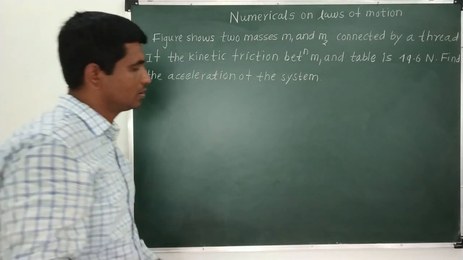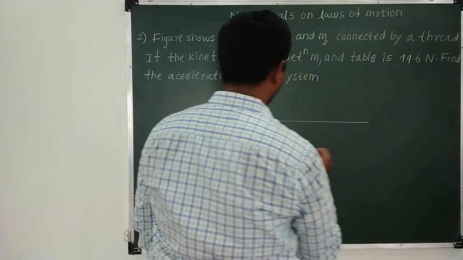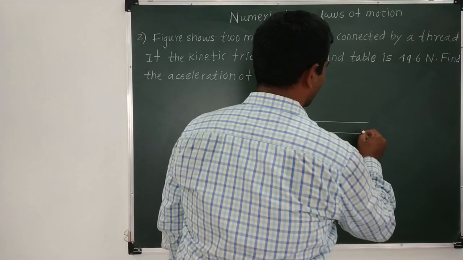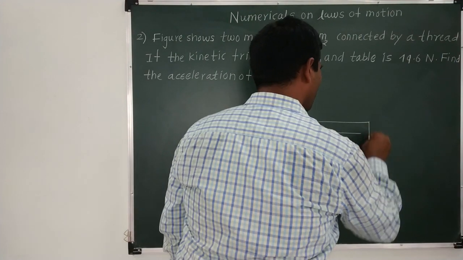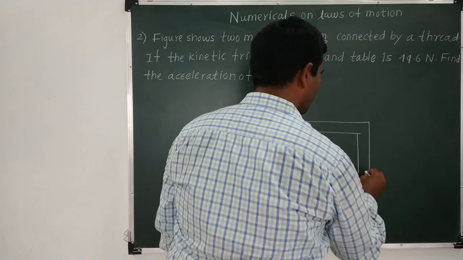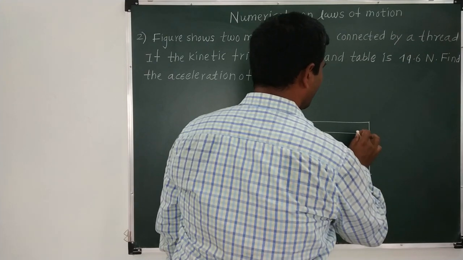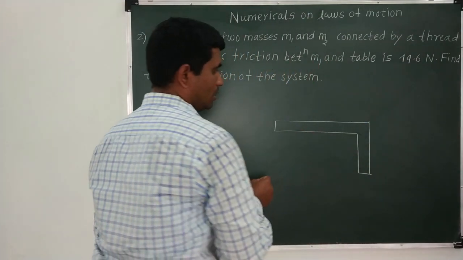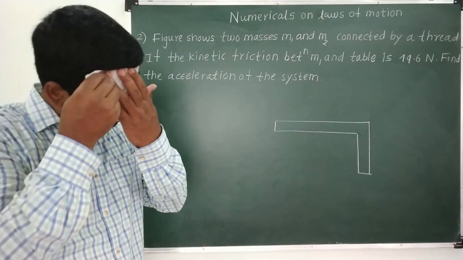First of all, we will just draw the picture which is given there. Let us say this is a horizontal surface, and to this horizontal surface one pulley is attached. There are two blocks.